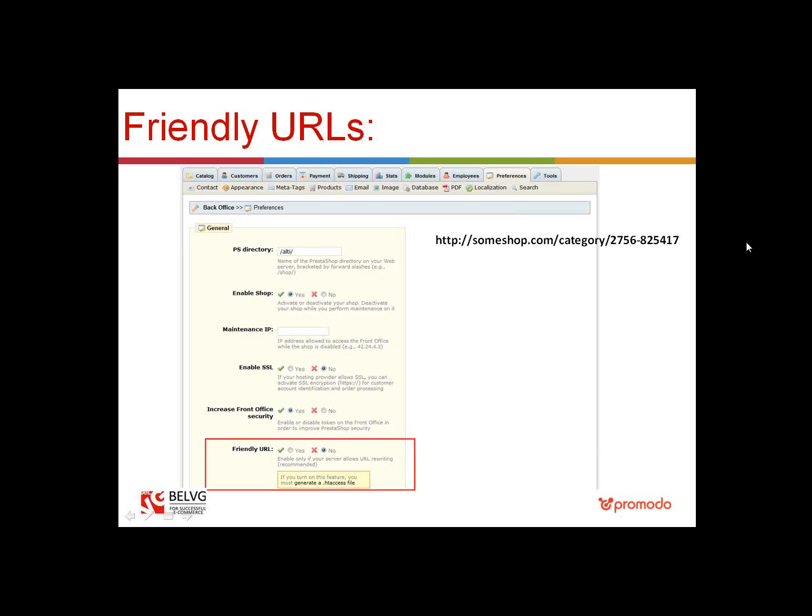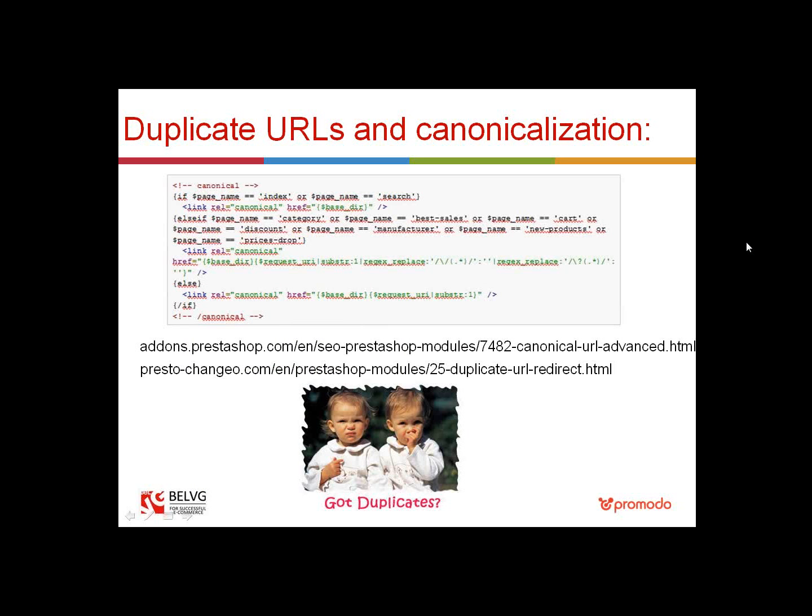Next point is friendly URLs. This is something that you definitely need to do because having a URL like someshop.com/category/1234567 is definitely a bad idea. In your PrestaShop admin, it is very easy to enable the friendly URLs option and make sure that instead of numbers, you include some descriptive name for your product in the URL.